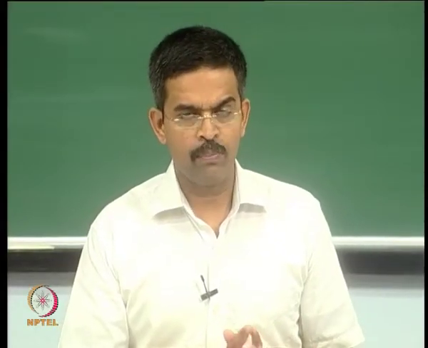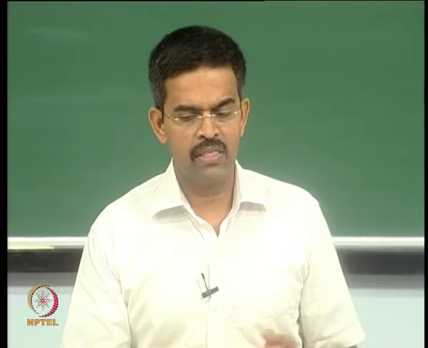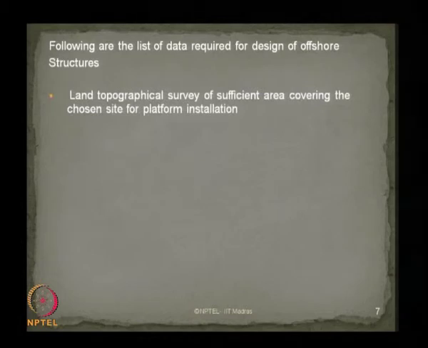If you ask me what are the important data required to start with the design of offshore structures, interestingly, there are many data which you must have in hand before you start designing.